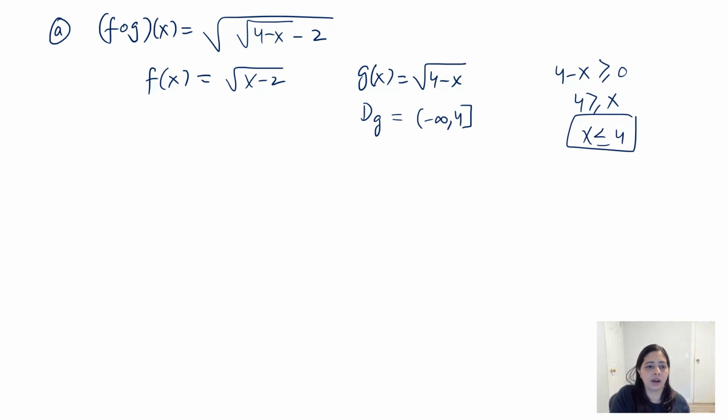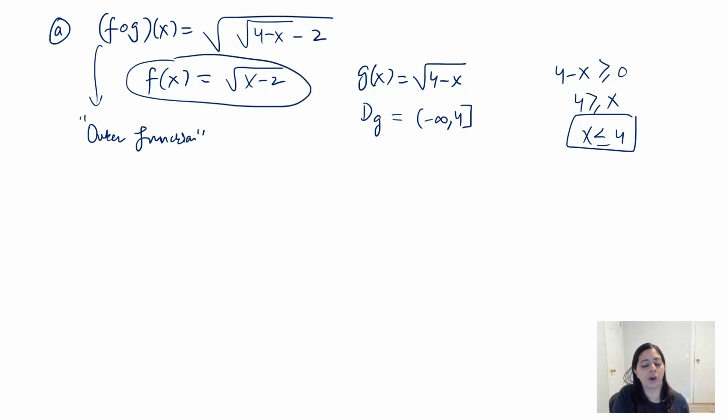Now if you look at the outer function, you don't have to find the domain of f(x), you have to actually find the domain of f of g(x), because that's our main function.